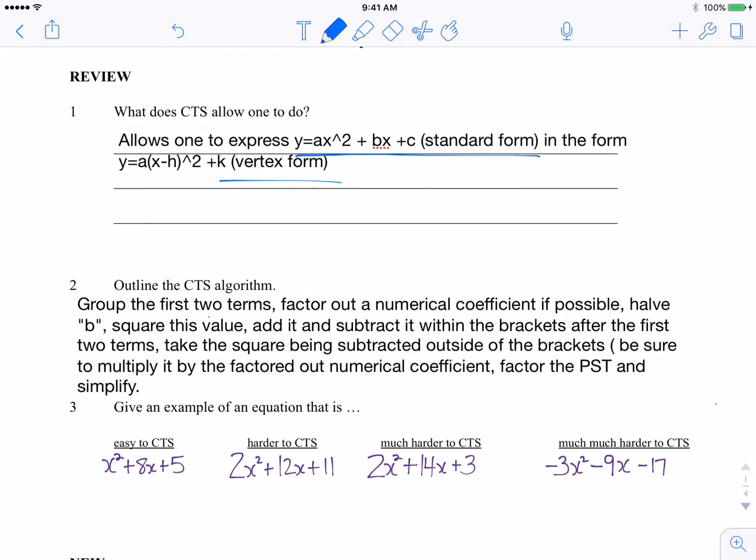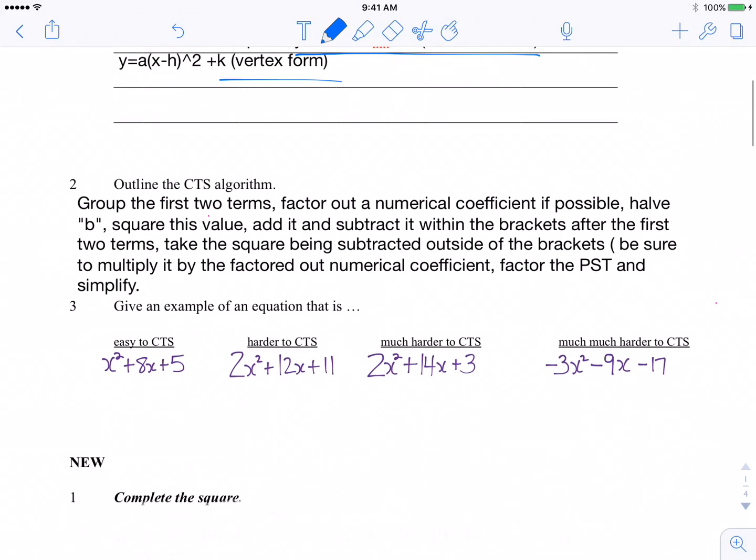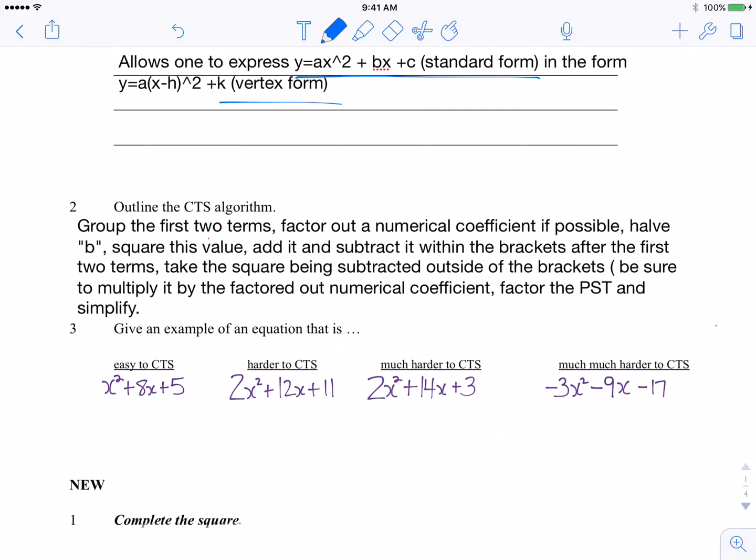Now, please take a moment to pause the video and copy that so that you have it in your notes. And in terms of outlining the algorithm, this is in language that makes sense to me, but it's more important for you to review this and then write this in words that you will understand. Ultimately, the best practice for completing the square, or the best way of understanding it, is by rote practice.